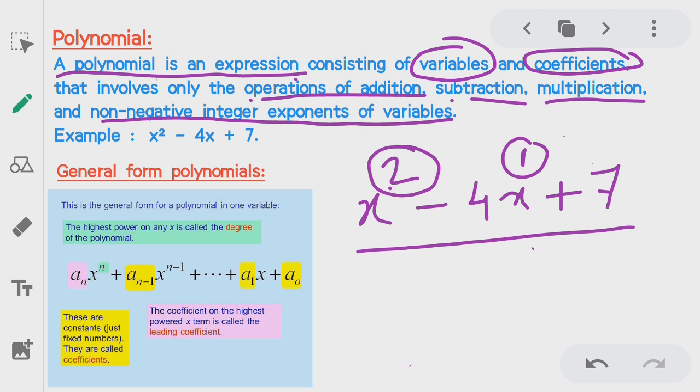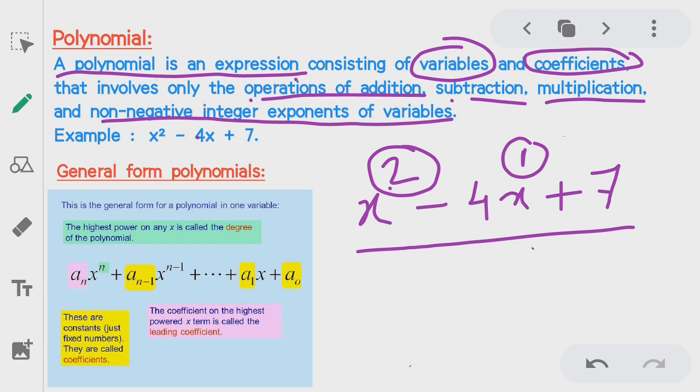What if the variable contains a negative power? Then it is considered to be not a polynomial. That's why it's very important to remember this last statement: non-negative integer exponent of a variable.